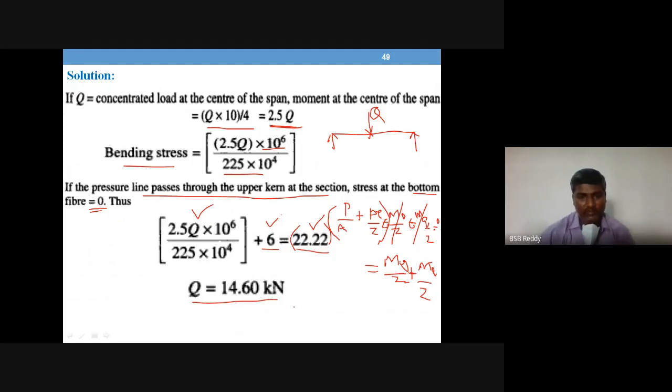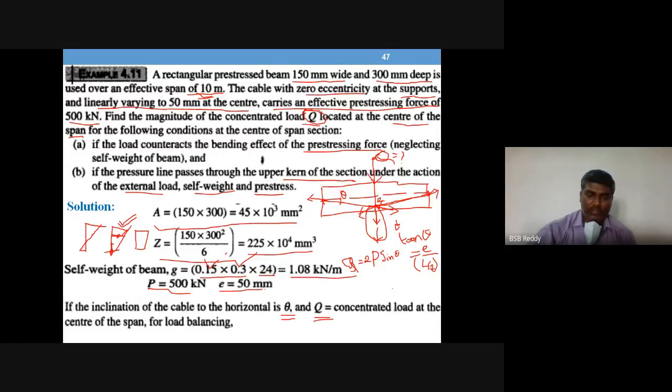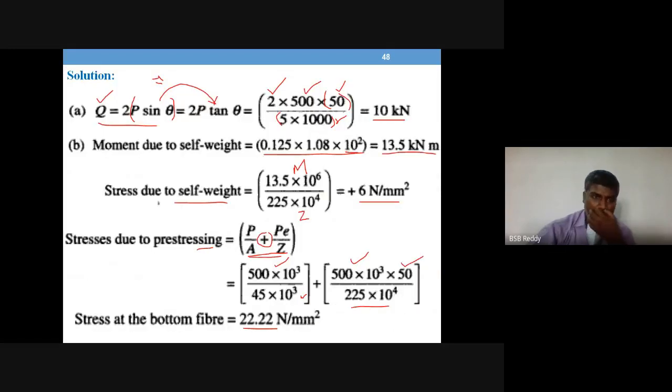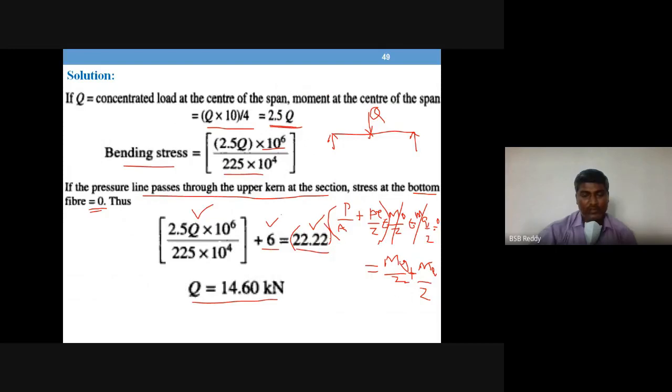So when you have a live load of value Q, it can resist a load of 14.6 kilonewton, right? And if you have only the pre-stress alone, the load that it can resist is 10 kilonewtons. So when you have live load and dead loads, the maximum Q value you can apply is 14.6 for a condition that bottom stresses are 0.